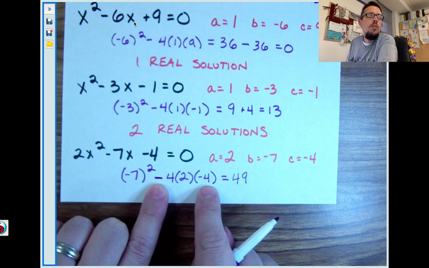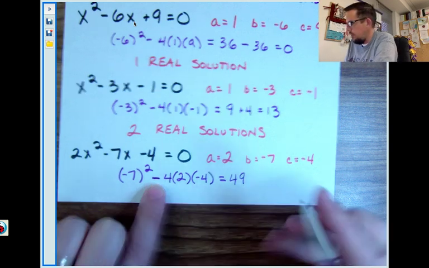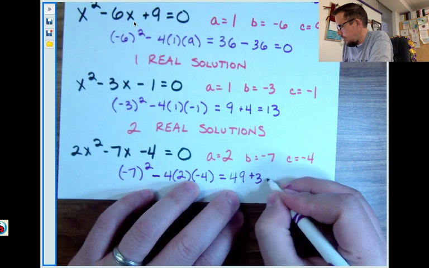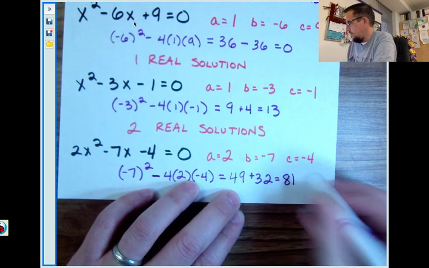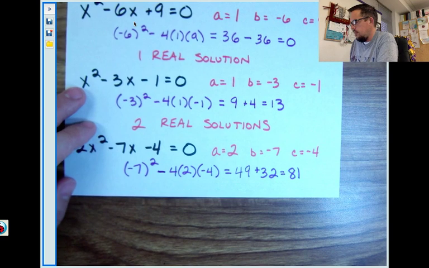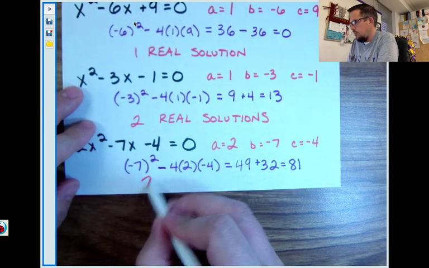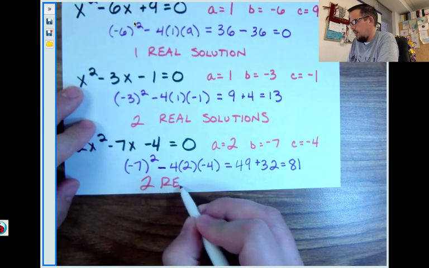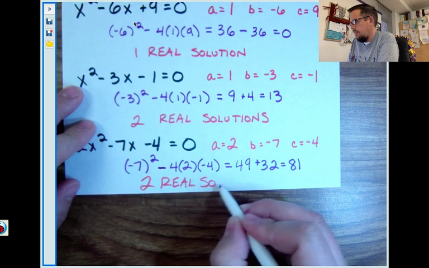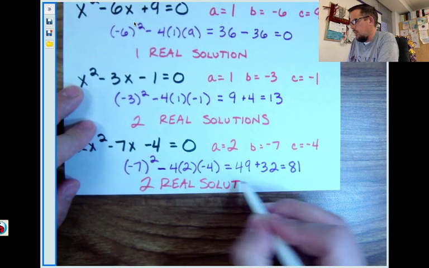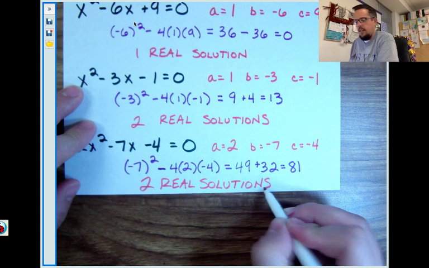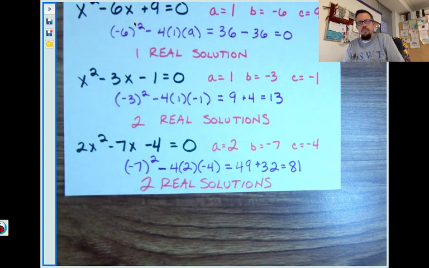Negative 8. Negative 32. Plus 32. So that's 81, which means 2 real solutions. You get the idea? So that discriminant, the square root, is a powerful thing. It gives us a lot of information.